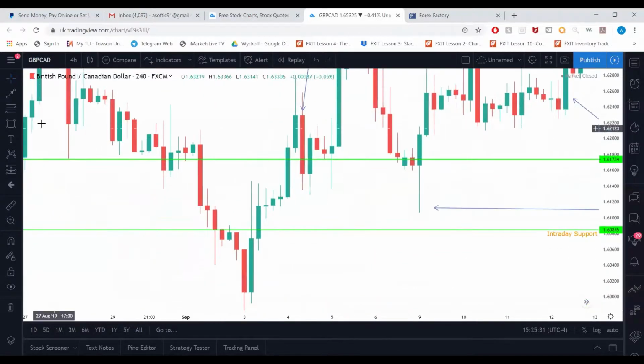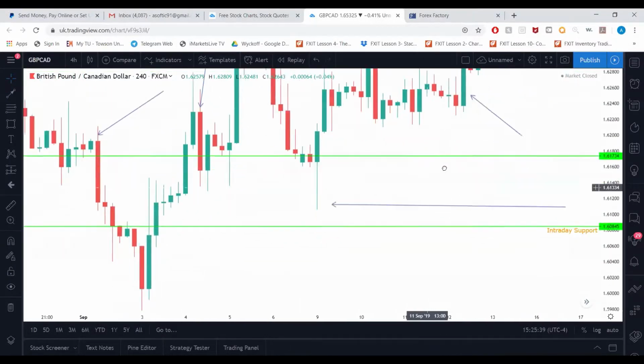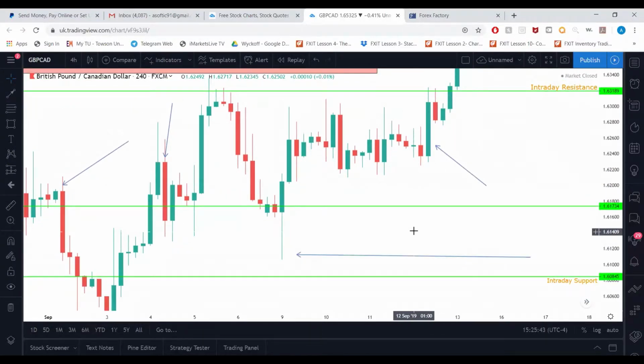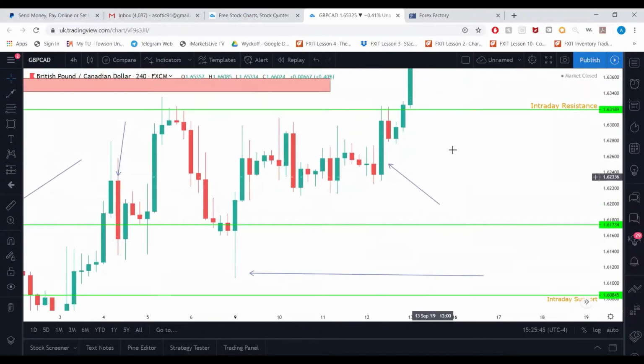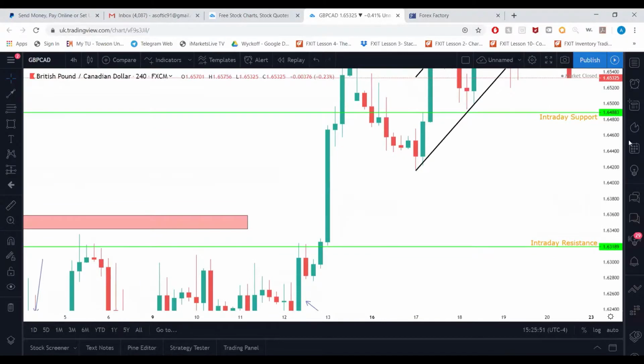Same right here. Example of a bearish engulfing candle, completely covers the previous candle and the price continues to fall down. So some people just trade candlestick patterns. They are really powerful. There you go. Bullish engulfing, pullback, and the price went to the moon.